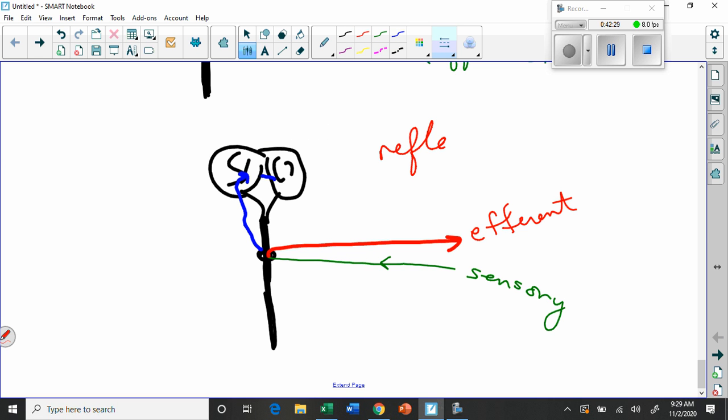A reflex action is one where the sensory input is very instantly shuttled right back to the efferent pathway, bypassing the brain to make some kind of action happen quickly, but also letting the brain know that it's happened. So it does trickle up to the top, but it's more of a, we don't really need you to make a decision. We're just letting you know that we've moved the finger.